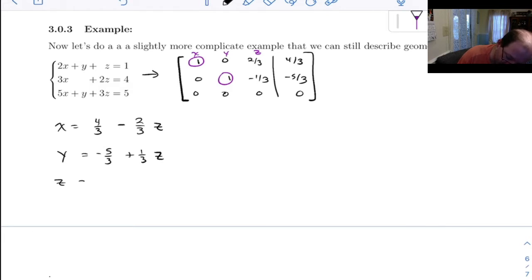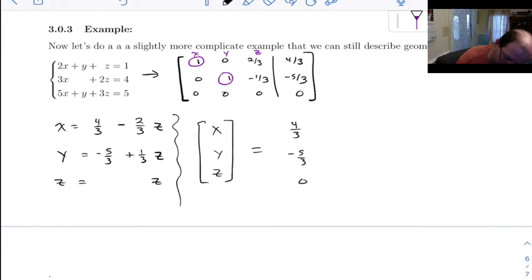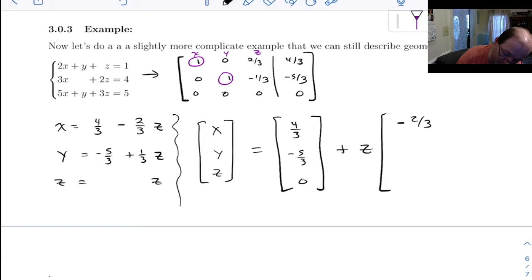And z is just z. So I'm going to write this as (x, y, z) is equal to (4/3, negative 5/3, 0) plus z times (negative 2/3, 1/3, 1).